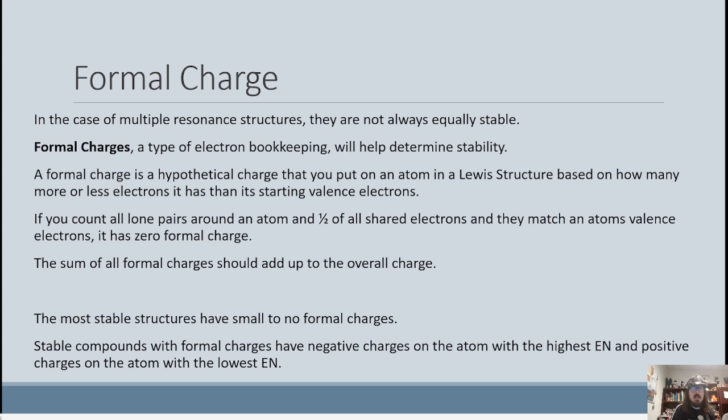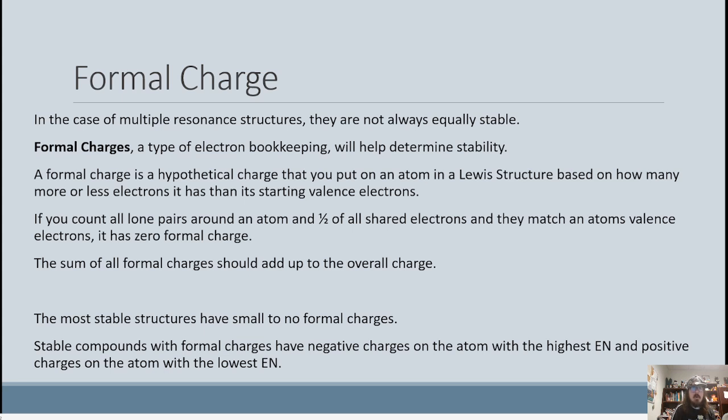One thing to note is that all formal charges on an atom should add up to the atom's overall charge. So if the atom is neutral and you have a formal charge of positive, you must also have a formal charge of negative, because plus 1 and minus 1 cancel out.